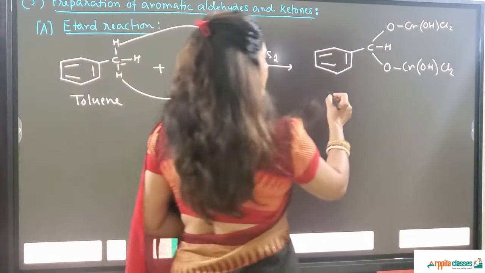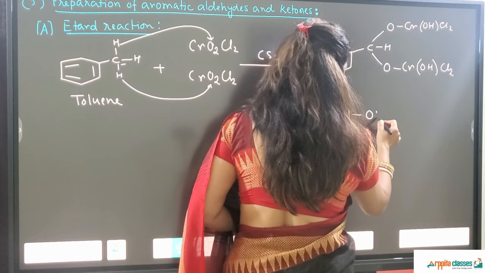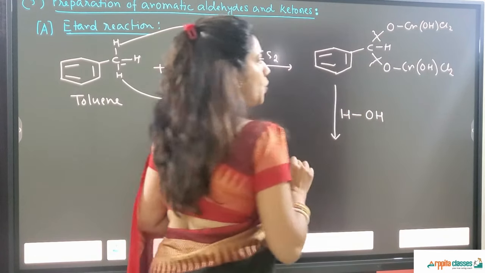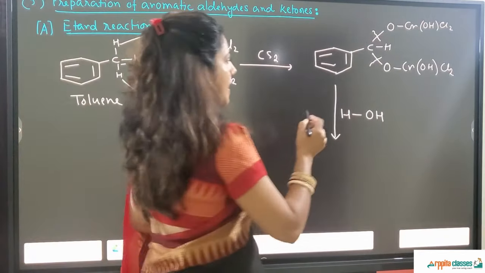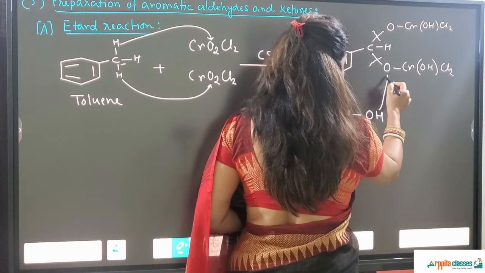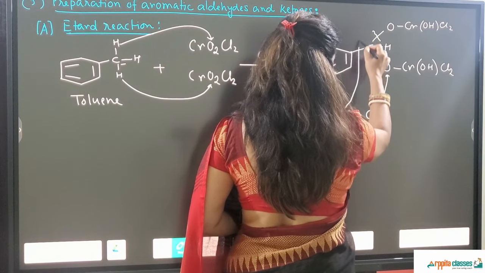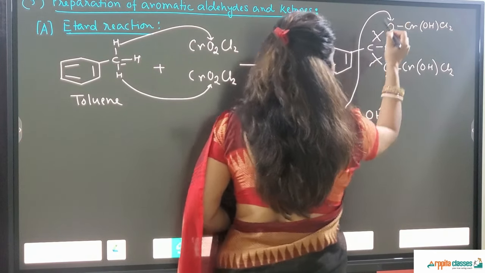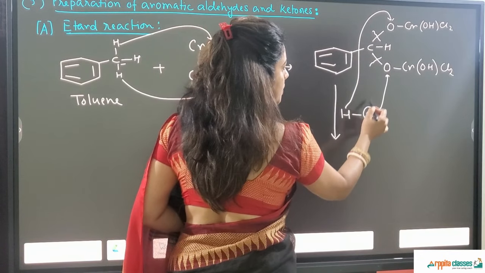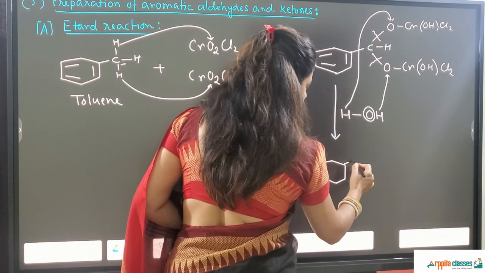Now after this you are going to hydrolyze it. When you are hydrolyzing it, just break this bond and break this bond. 2 bonds are broken, and with this oxygen one hydrogen is attached, and with this oxygen one hydrogen is attached. Two bonds are broken. Now the remaining oxygen will be attached to the carbon. So see what is happening. This is carbon.